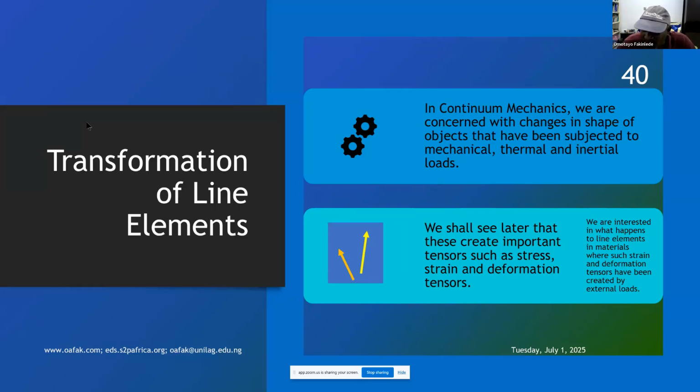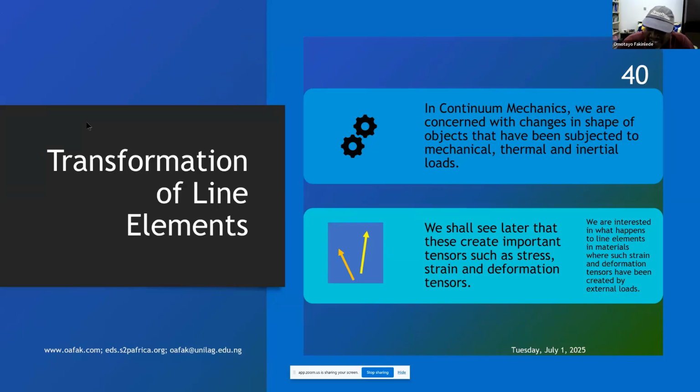We're interested in what happens to line material elements where such strain and deformation have been created by external loads. Let me explain what I mean. Imagine you have a big sheet of steel, and that big sheet of steel has been heated in a furnace. You agree with me it will expand.